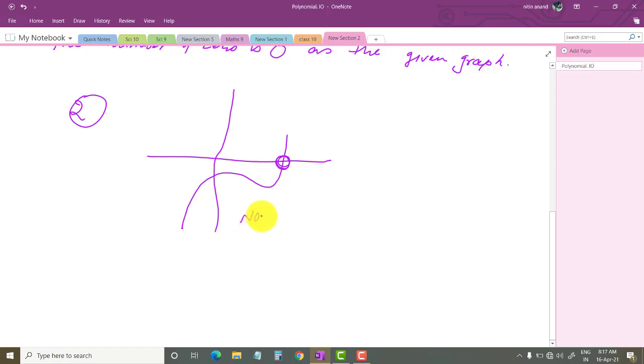The number of zeros for this graph is 1. That means this graph is intersected only one time by the x-axis, so this is 1 zero for this polynomial.